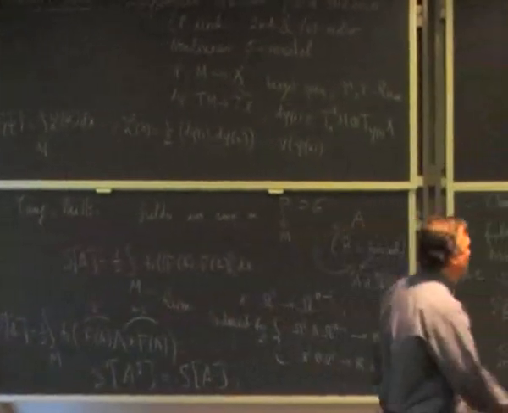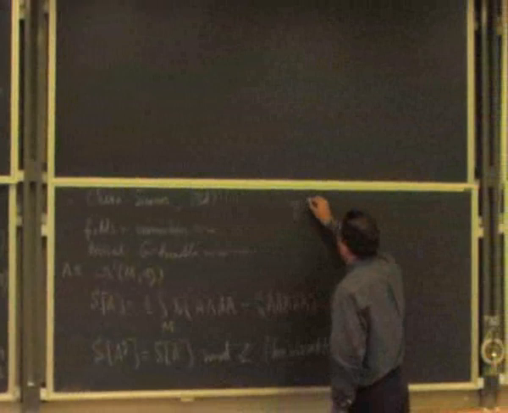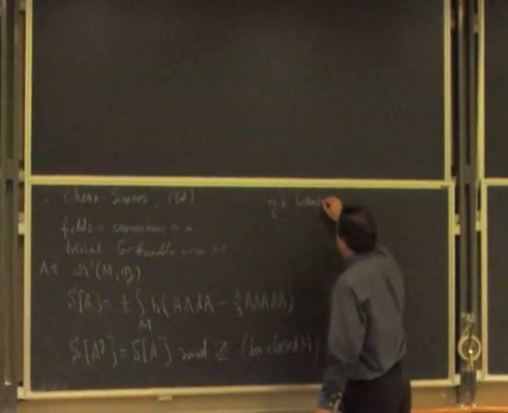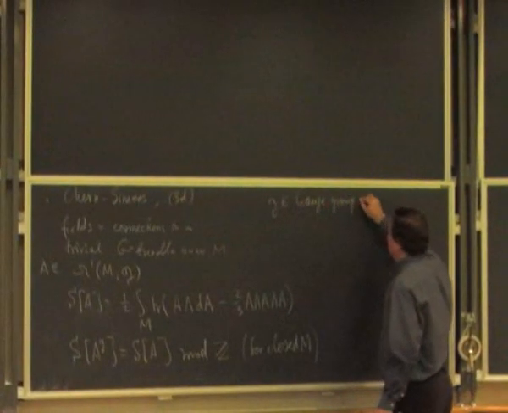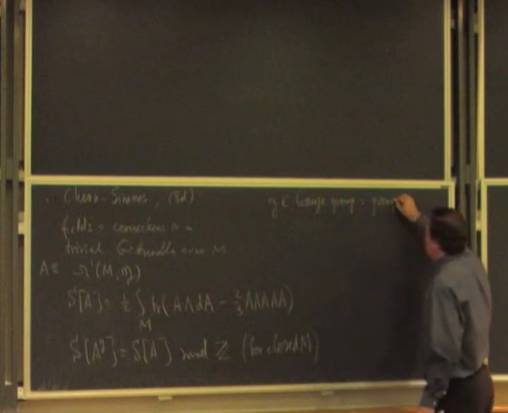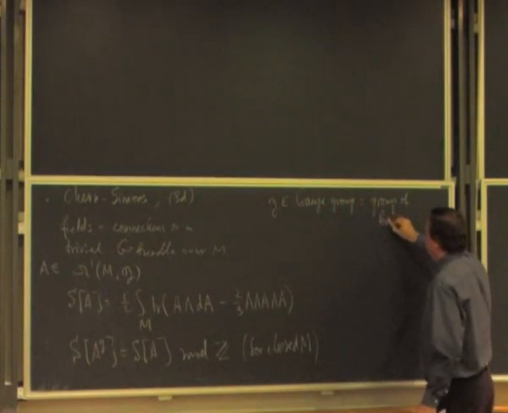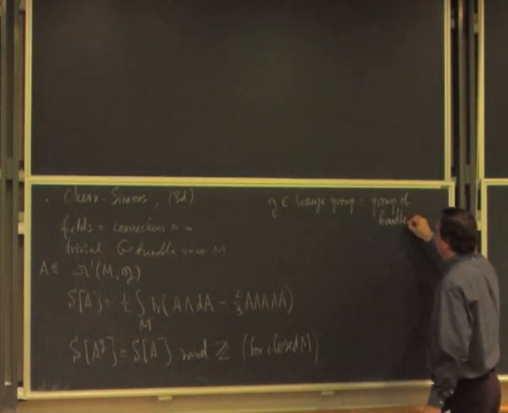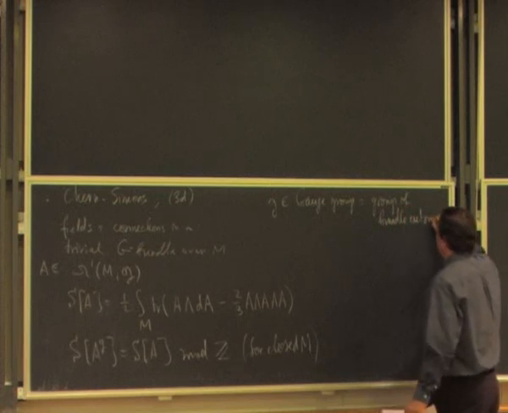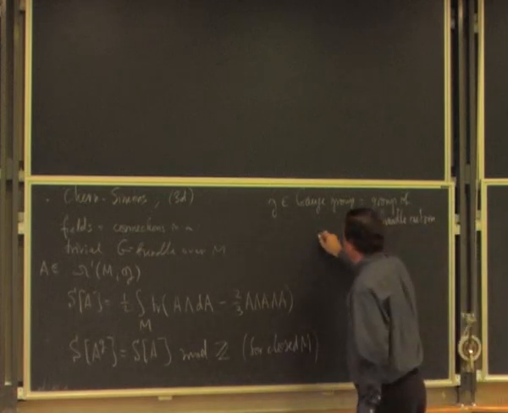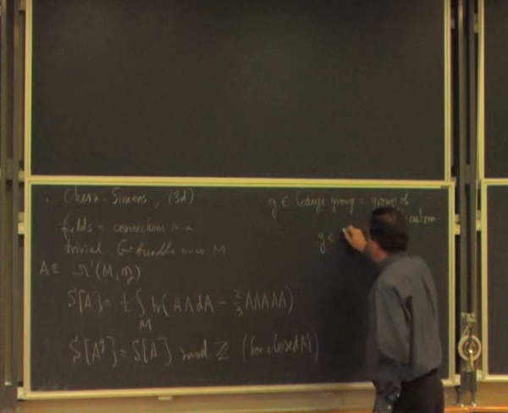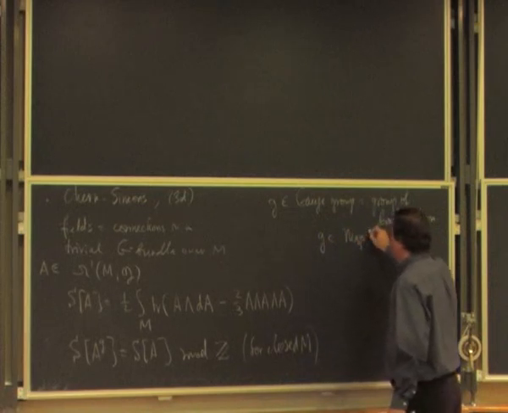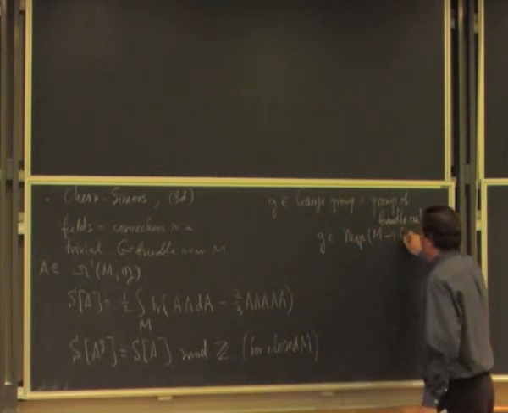In both cases, g is an element of the gauge group, the group of bundle automorphisms. And in the case of a trivial G bundle, this is simply smooth maps from M to G.